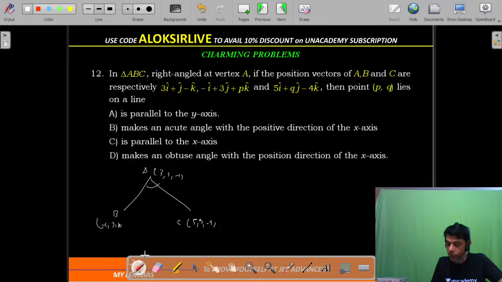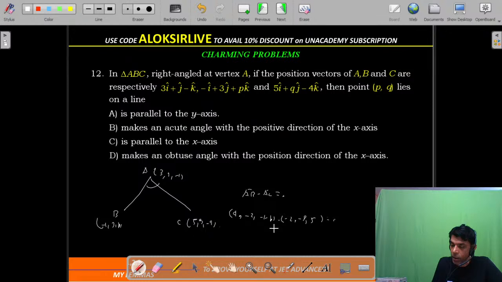So AB is (-4, 2, p+1), which is (1-3, -1-... ) and AC is (2, -8, 5)... dot this one is 0. Then from there you will get some value, because you are given that this is 90 degrees, so you get some value from here.